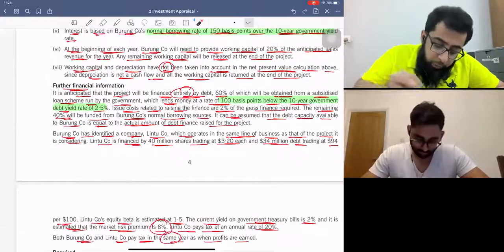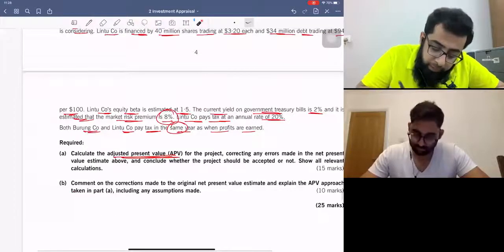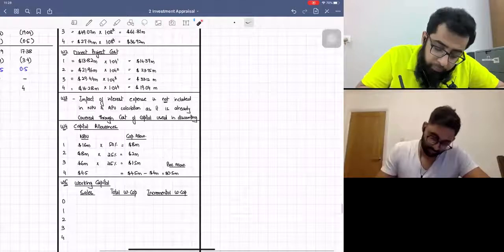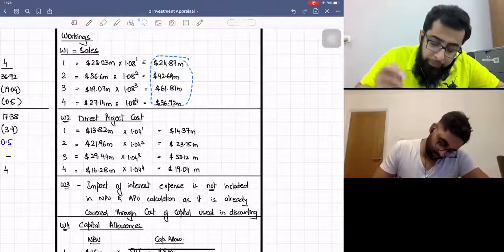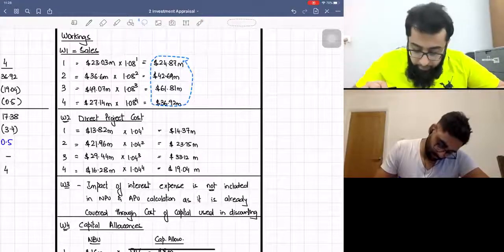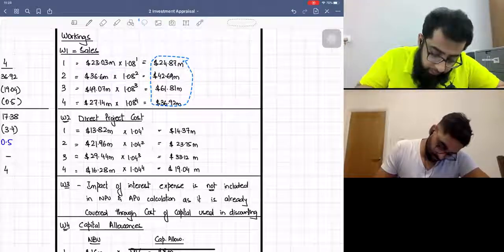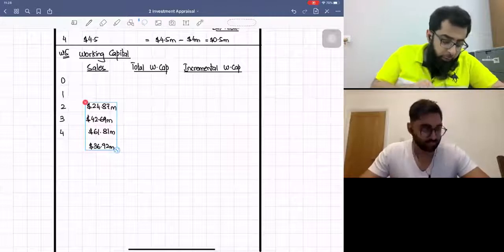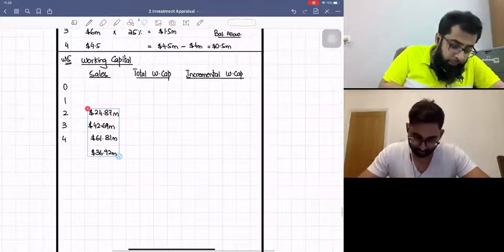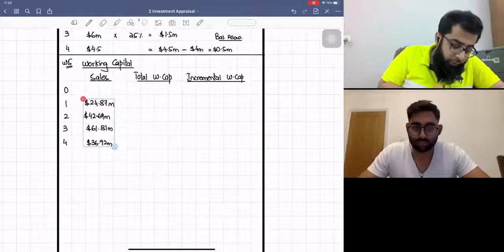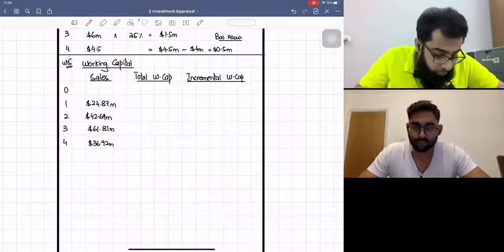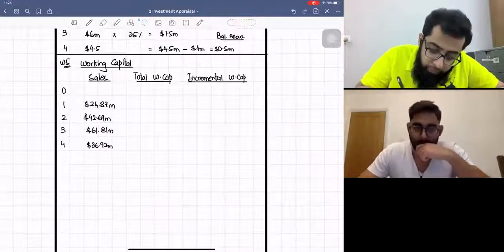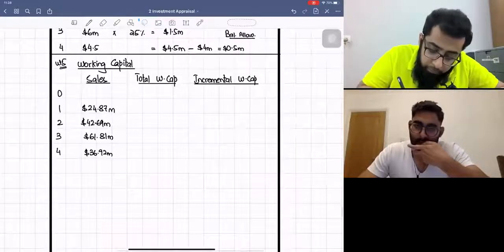So we will simply pick up the sales revenue, copy, and paste it here. Working capital, we need 20%: 24.87 into 0.2, so 4.974 in year 0.